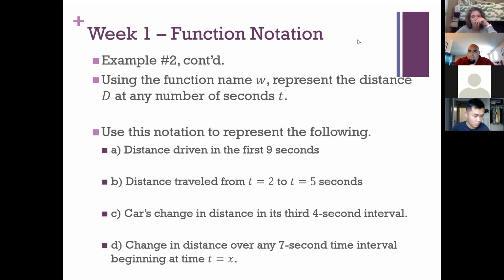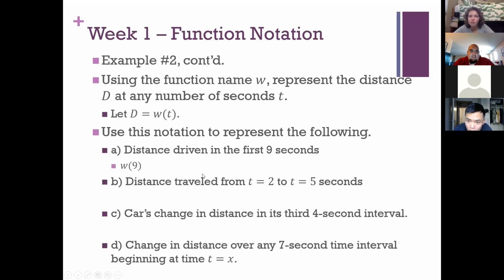I'm sorry. W of 9 equals d, the first A. Sorry, I wrote it out. Go ahead. You're good. So W of 9 equals D. Yeah, I want T to equal 9. 9 seconds is the amount of time that I am concerned with. That is the value of my independent variable.